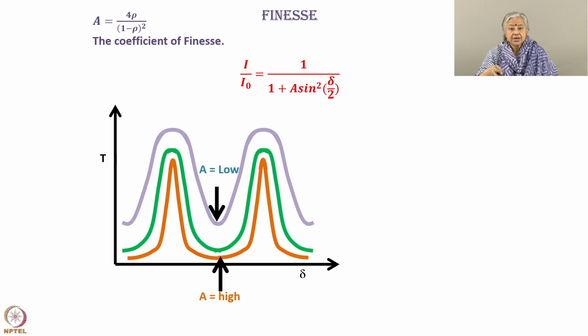And obviously, I can write that same equation as this, a nice little neat equation, just put that factor A here. So, my interference pattern will be governed by this finesse. That means it will be governed by the reflective surfaces of the Fabry-Perot, and nothing else about the Fabry-Perot matters.